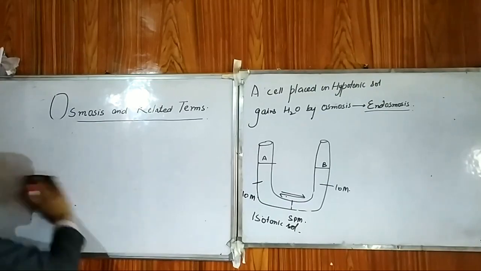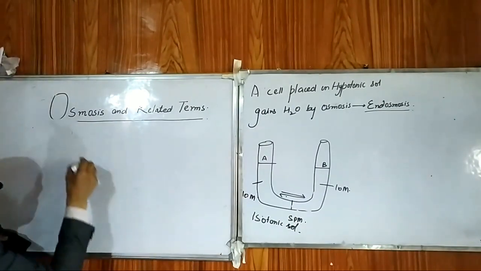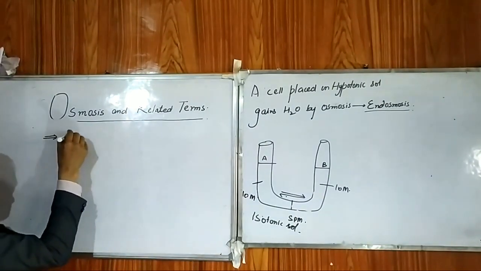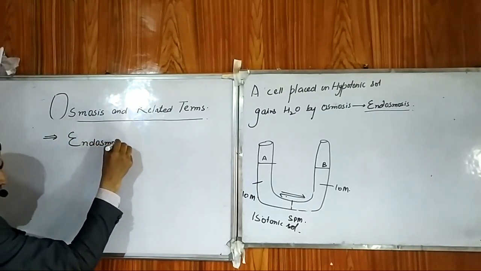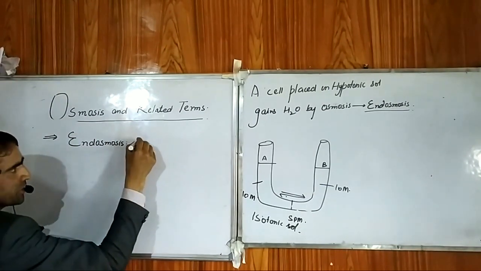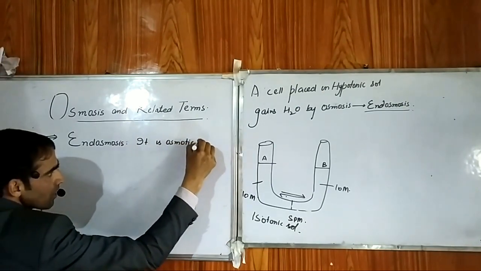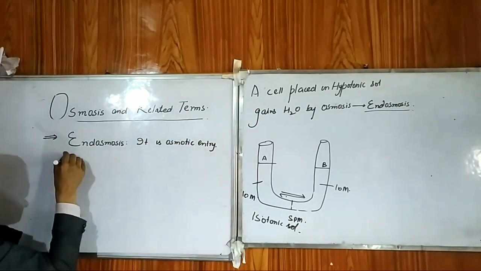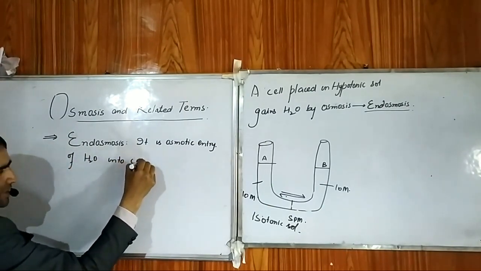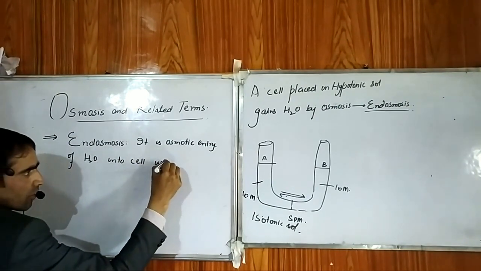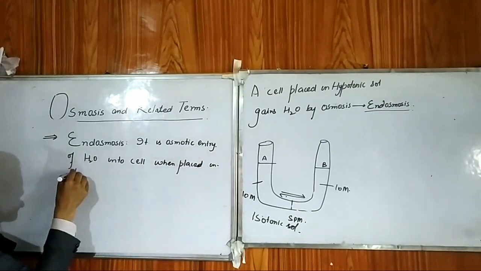After that, there is another related terminology associated with this osmosis. Sir, what is that? You know, अभी आपने पढ़ा है. This is endosmosis and exosmosis later on. I will simply say it is osmotic entry of water into the cell, into the system, when placed in hypotonic solution.